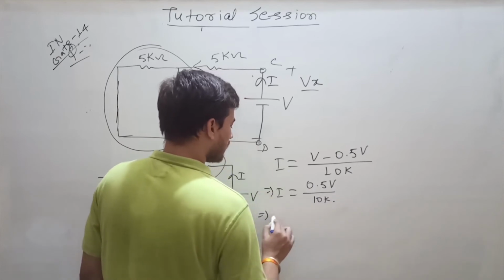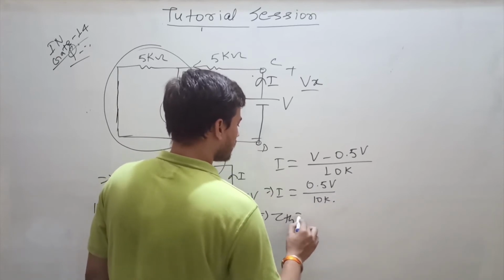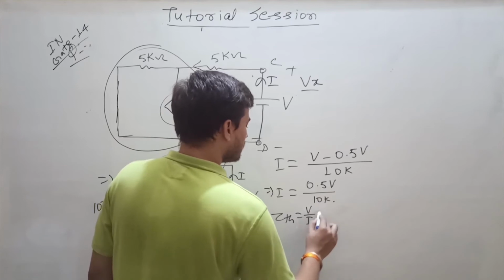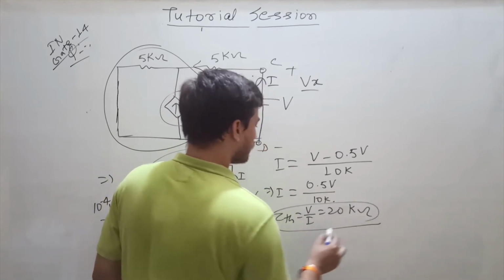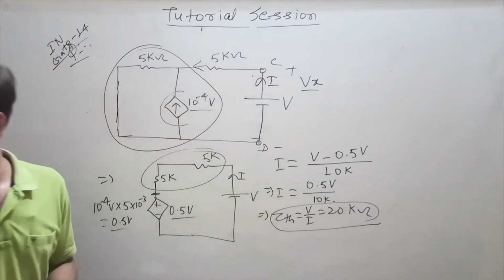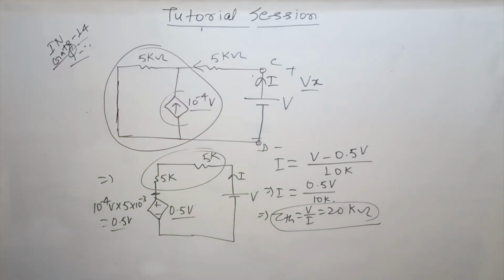From here you will write ZTH or RTH, it will be equal to V by I, which is equal to 20 kilo ohm. Clear?